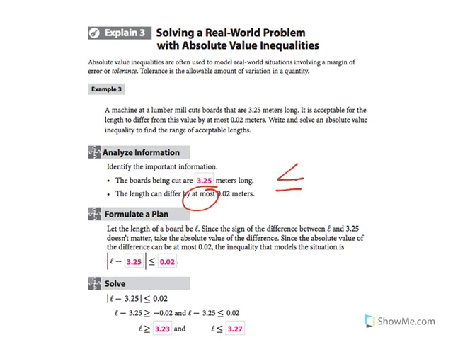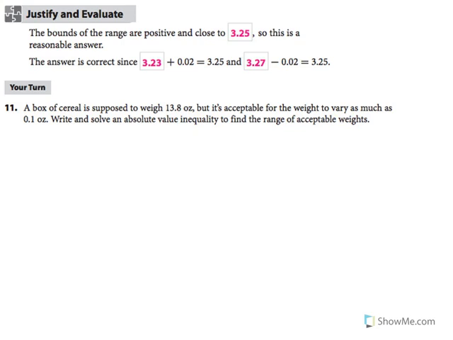The inequality that models the situation is absolute value of L minus 3.25, closed absolute value, is less than or equal to 0.02. And then solve for L. Okay. So the bounds of the range are positive and close to 3.25, so this is a reasonable answer.